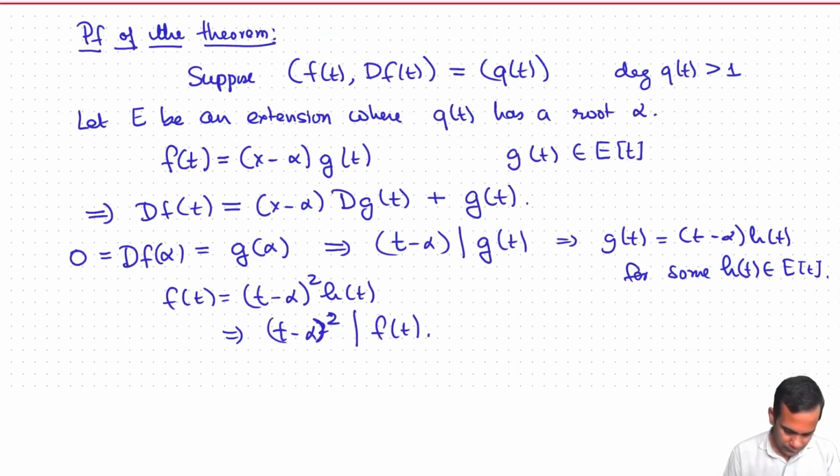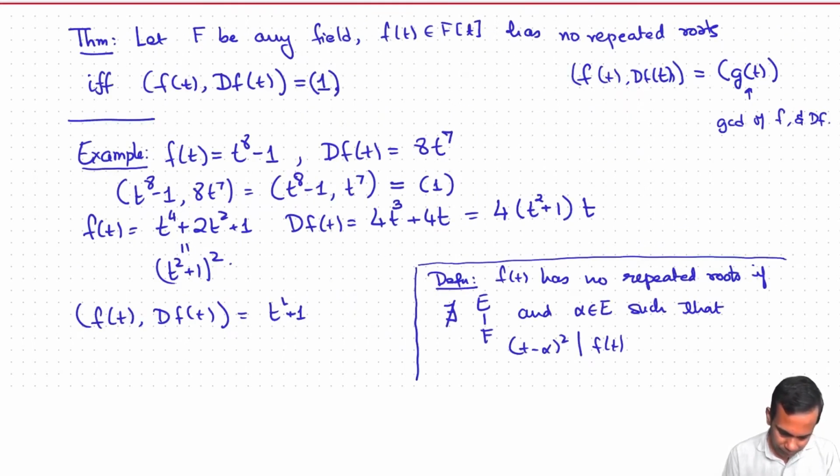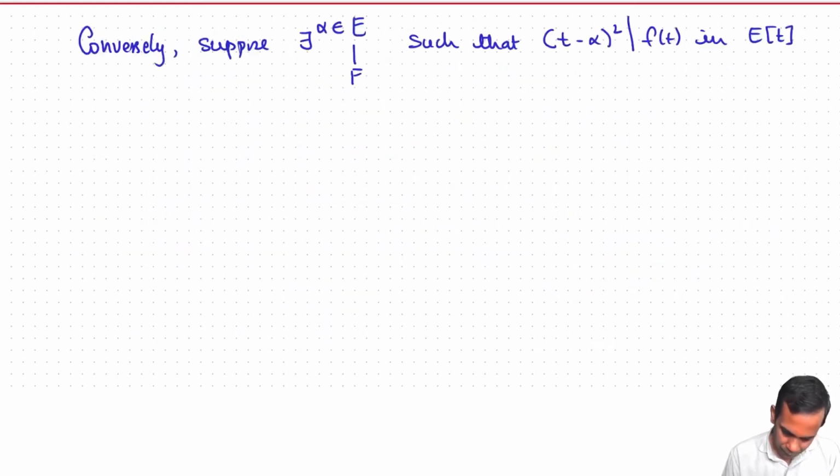Okay, so in this theorem, this GCD is taken in F[t], but here we have this in E[t]. So let's just see what happens now.